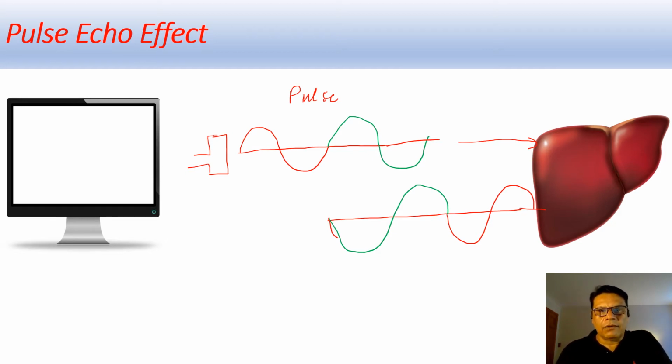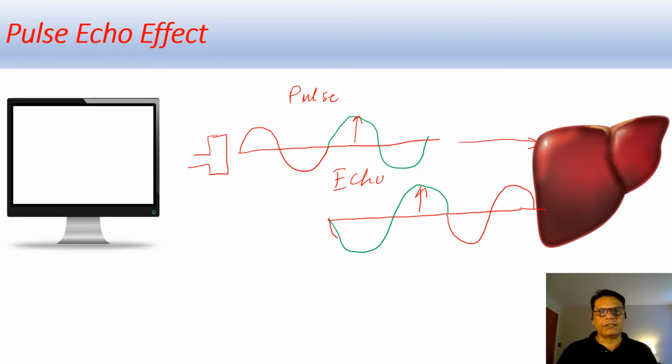And if you see, there are three different changes that take place to this echo. Number one, its amplitude is decreased as compared to the pulse. So it's a weaker pulse as compared to the original transmitted pulse. Second, it is inverted.